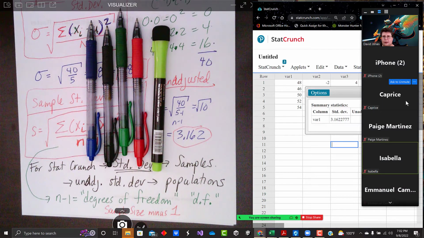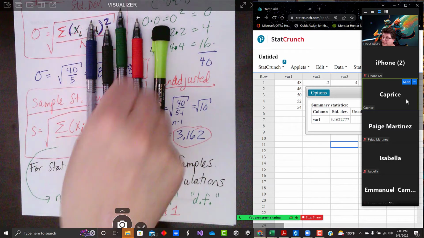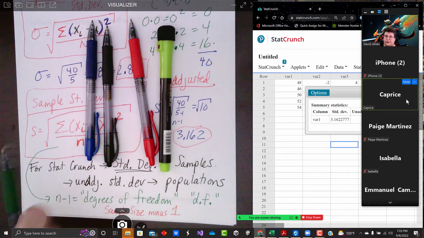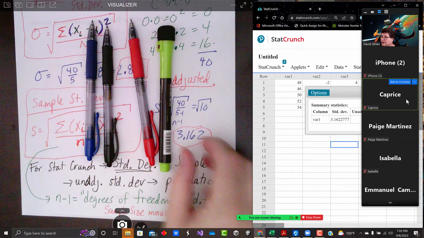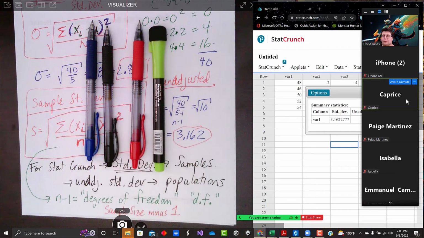Caprice, pick out one of those pins. Which one should I take out of the group? The green. This green? Yeah. Okay. Paige, you have 4 pins to choose from. Which pin should I take out of the group from your perspective? The blue. The blue? Okay.